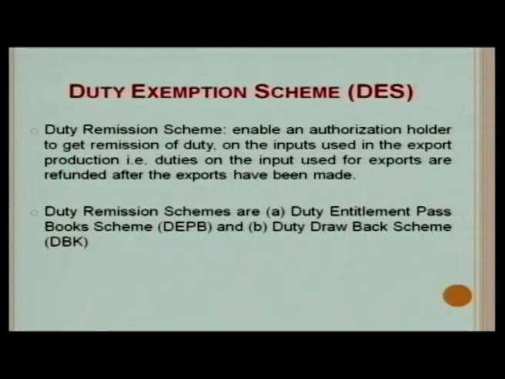The DEPB scheme is run by the DGFT, but the duty drawback scheme falls under the Department of Customs. In case of the DEPB scheme, DEPB schedules are defined under which items are listed and what type of remissions are allowed against them. Similarly, for duty drawback schemes, drawback schedules are defined by the Department of Customs and details are given.